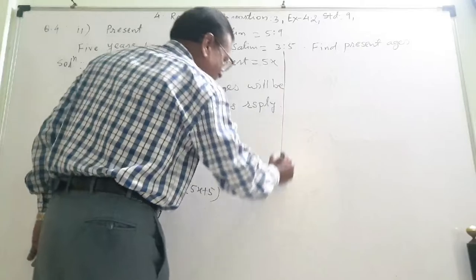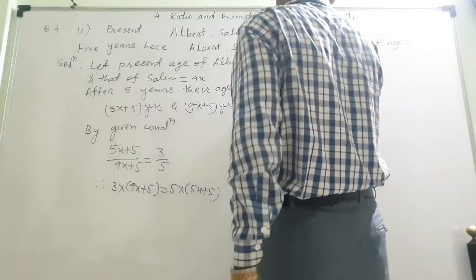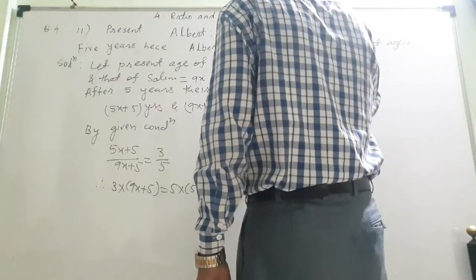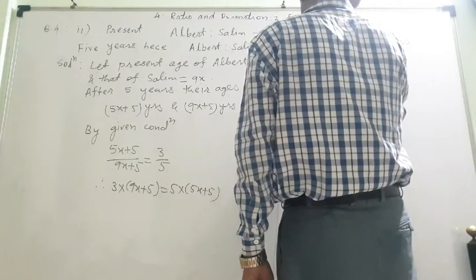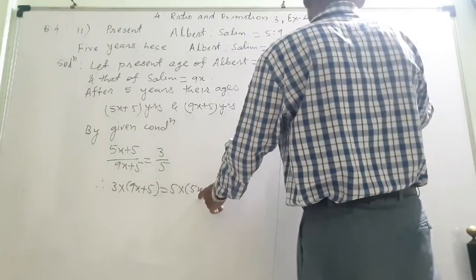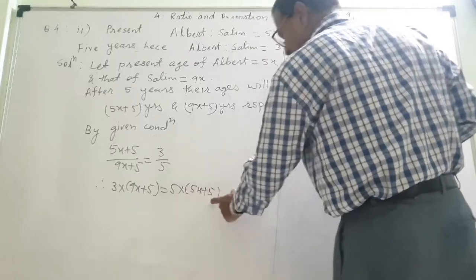Therefore, 3 9s are 27x plus 3 5s are 15 is equal to 5 5s are 25x plus 5 5s are 25.